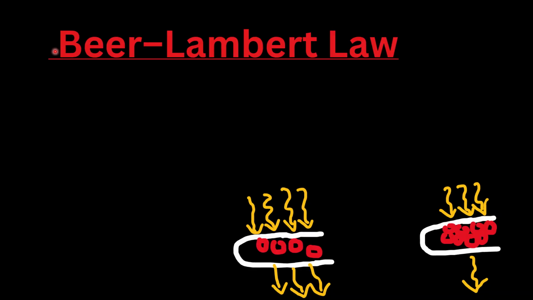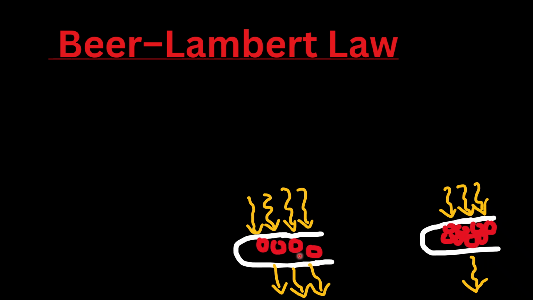The underlying principle is Beer-Lambert's law. I will explain what it is. First, the Beer law: the amount of light absorbed by a substance depends upon the concentration of the substance. So when light passes through the finger, if the amount of hemoglobin is higher, more light is absorbed and less light is transmitted.